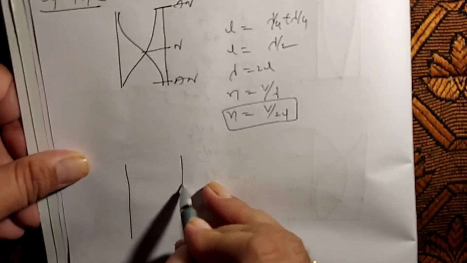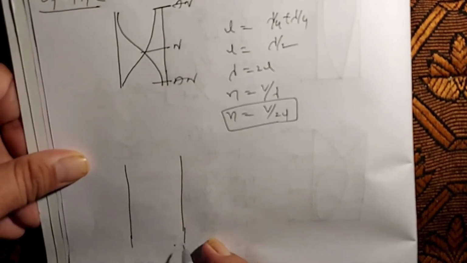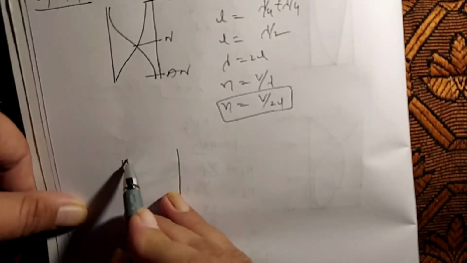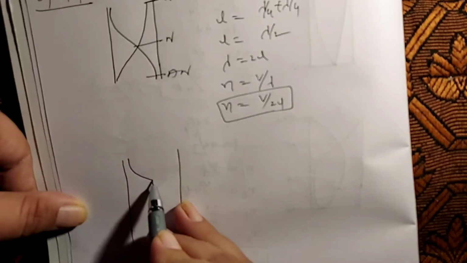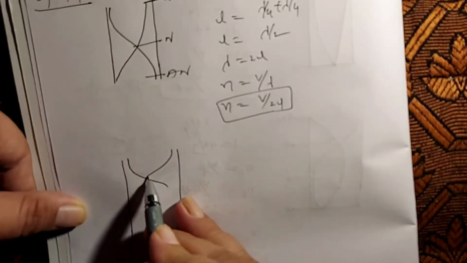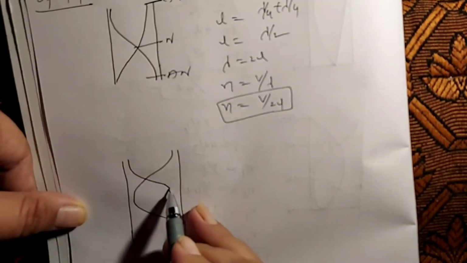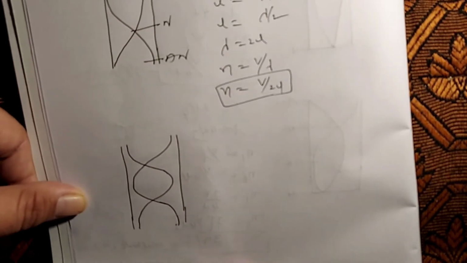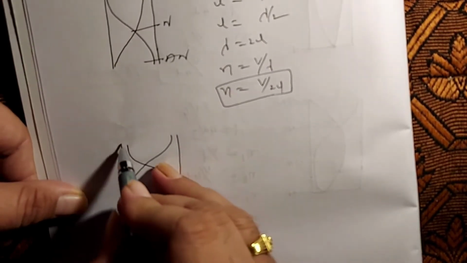Now the air column is made to vibrate with 3 antinodes and 2 nodes. In this case the longitudinal stationary waves are formed like this.